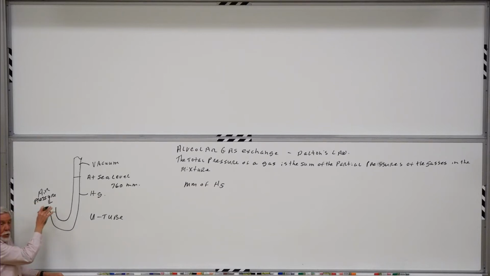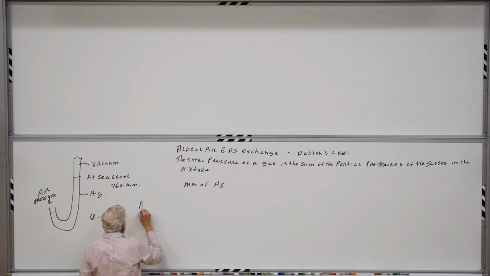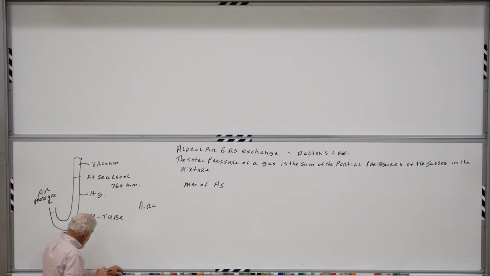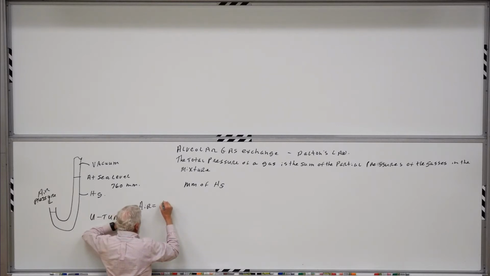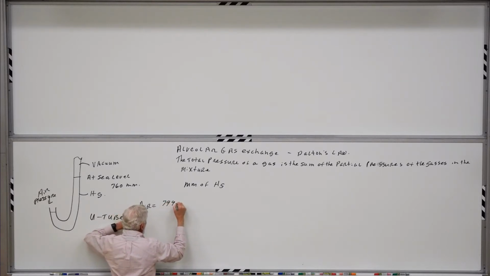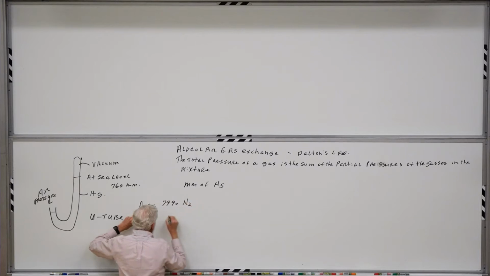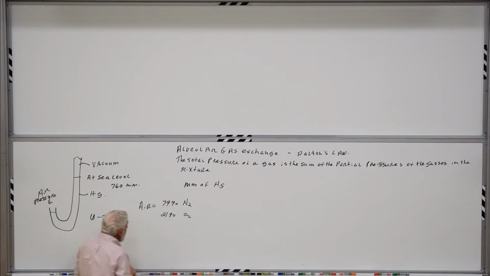So that's the pressure. But in fact, when we think about air, and if you talk to an atmospheric scientist, they'll tell you about the argon and all of that. We're not going to worry about it. What we're going to say is air is composed of 79% nitrogen and 21% oxygen.